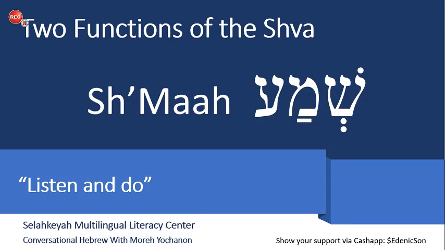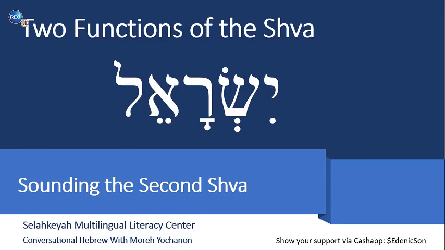Shema in Hebrew translates to listen and do. And here you can see the Shva under the first letter in the first position. The second word here, you can see Shva is in the second position.